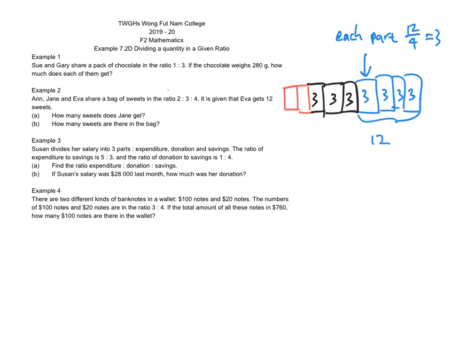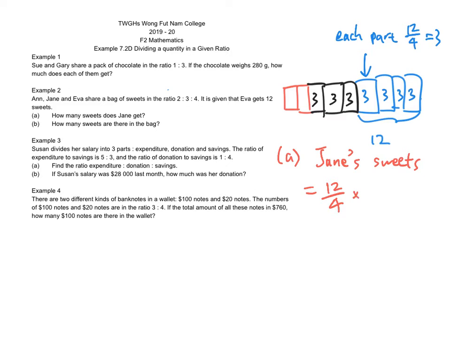So we have to write down the steps. Part A, Jane's sweets. We find out the number of sweets in each part first. So it's 12 over 4. This is the number of sweets in each part.